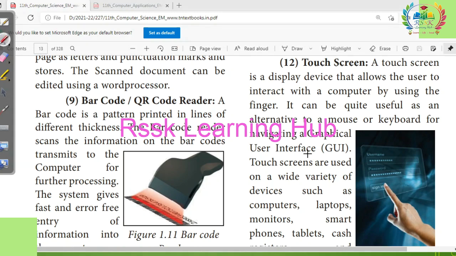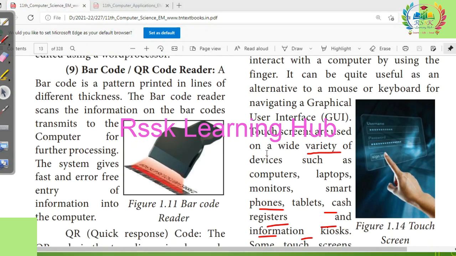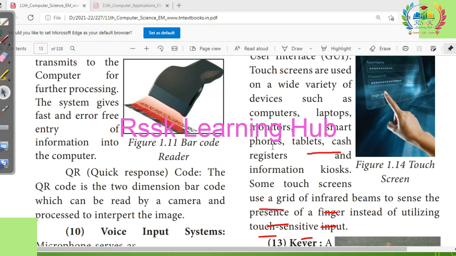Touchscreens are used on a wide variety of devices: computers, laptops, monitors, smartphones, tablets. Similarly, cash registers and information kiosks use touchscreen operation. That is one way of giving input using touch sensitive input.